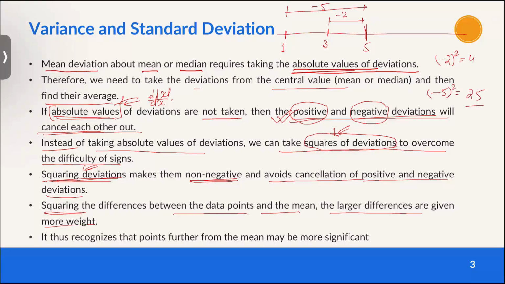So you see the deviation which is less away from the mean has a smaller squared value as compared to the deviation which is farther away from the mean, which has a larger squared value. What it does is that it recognizes that points farther away from the mean may be more significant.